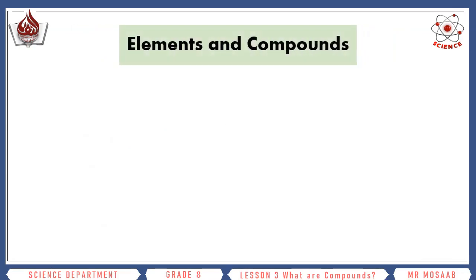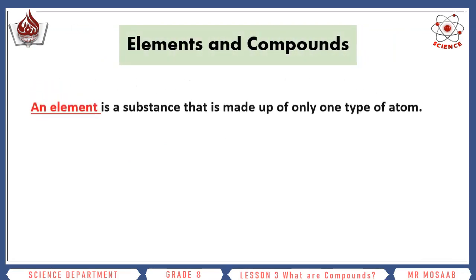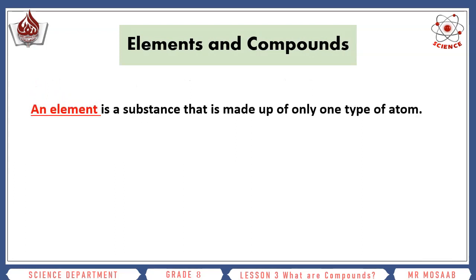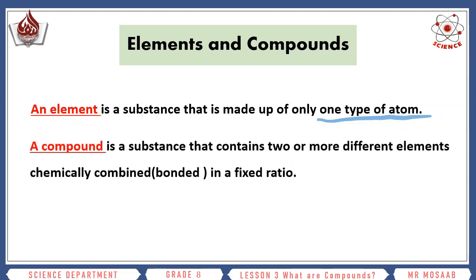Elements and compounds. We said before that any element is a substance that is made up of only one type of atom. But a compound is a substance that contains two or more different elements that are chemically combined, chemically bonded, chemically joined in a fixed ratio.